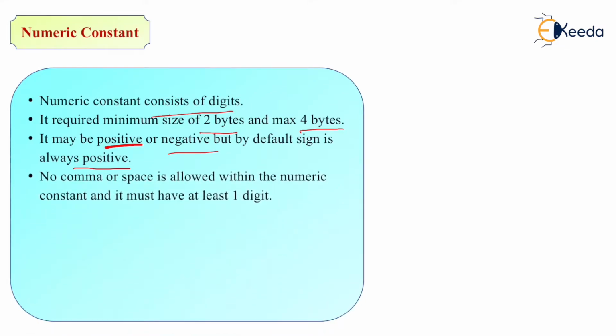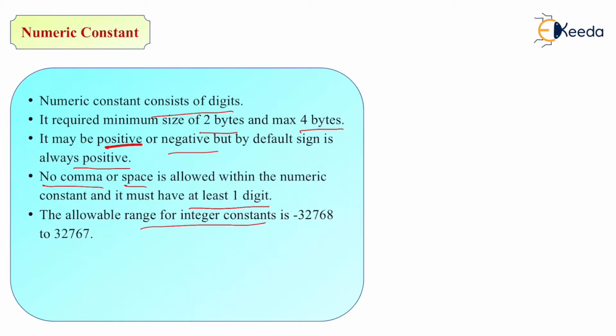Next, no comma or space is allowed within the numeric constant. It must have at least one digit. That means at least one value you have to provide while defining any numeric constant.